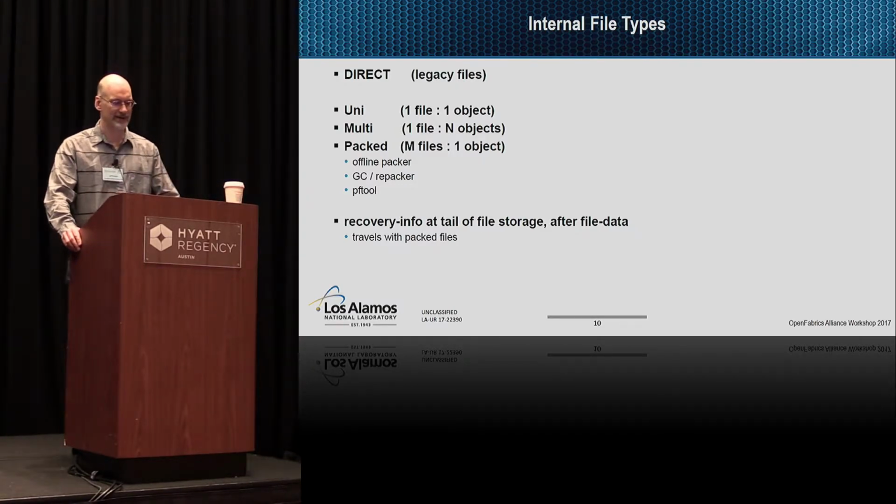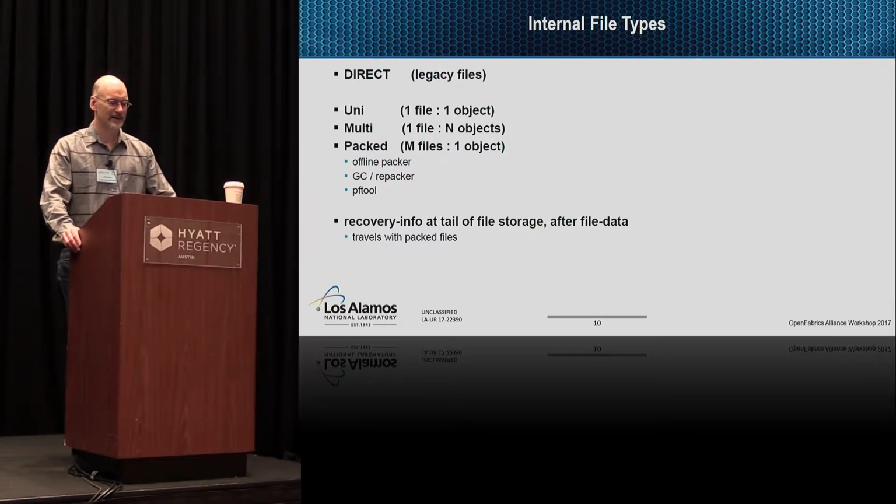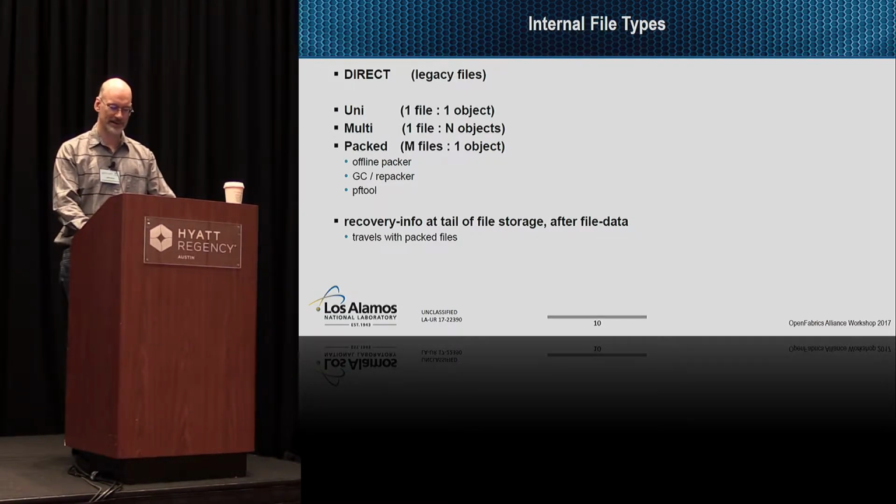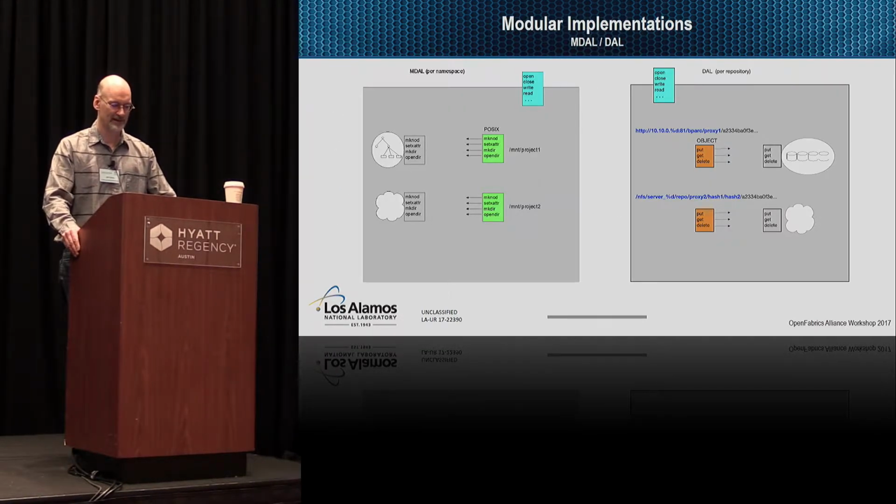We also have a packed file, so many small files might be stored in a single object, again, transparently to the user. And then at the end of all these, we invisibly write some recovery info that would let us rebuild the metadata somewhat should there be a catastrophic failure in the metadata file system. Very unlikely, but we've got the belt and suspenders approach there.